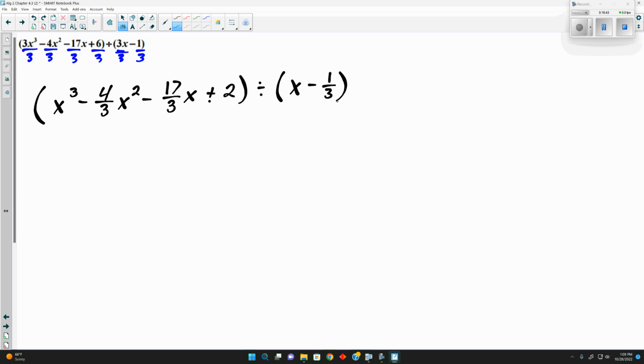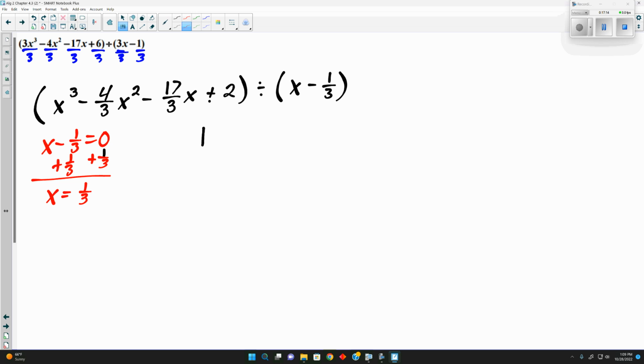So synthetic division is very nice, especially if we have x minus or x plus a number. It works very well. If we have a number in front of x, we have to divide the whole thing by it. Now, we can go on and start doing the next part. So it's going to be here, x minus 1/3 is equal to 0. So we would add 1/3.